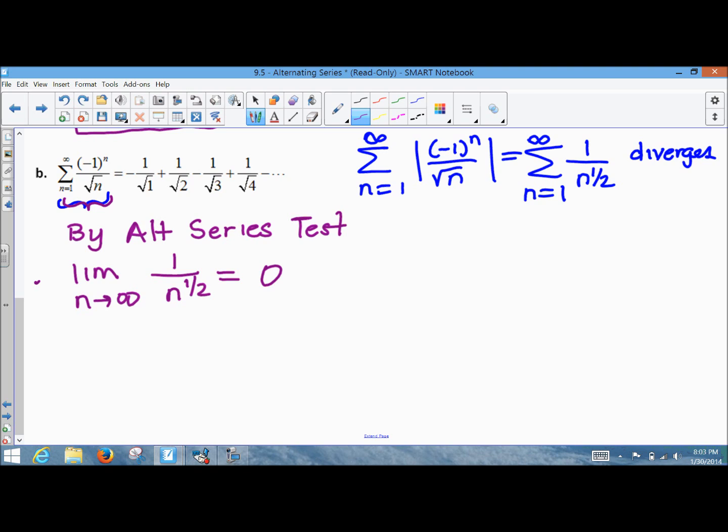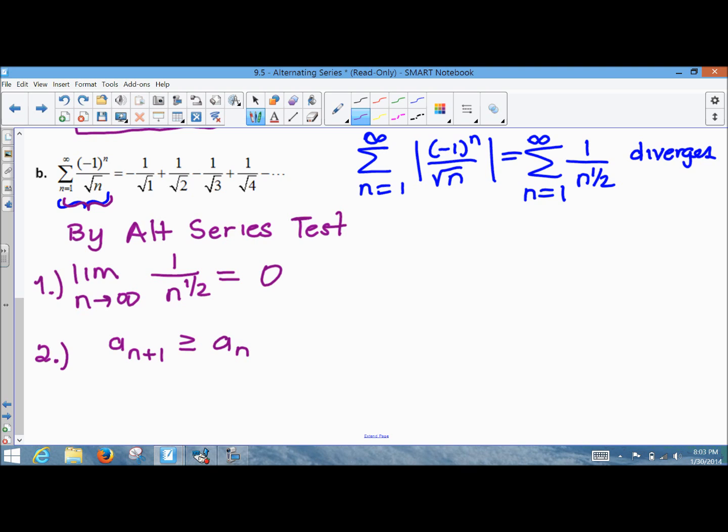So we need to address criteria 2. If you look in your notes or recall an earlier video, it says that the nth plus 1 term must be greater than or equal to the nth term.